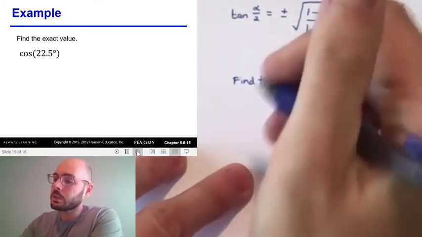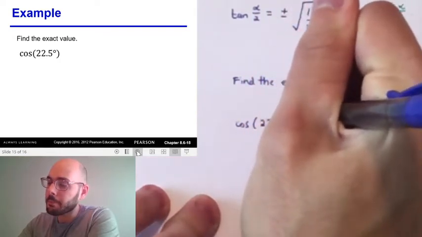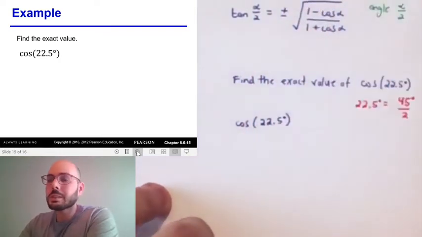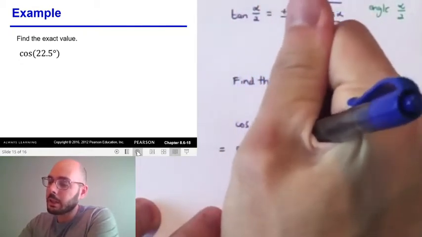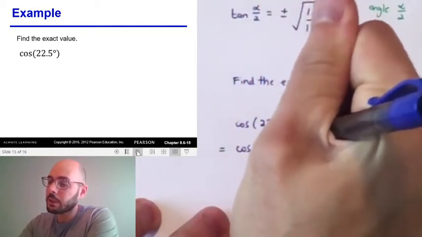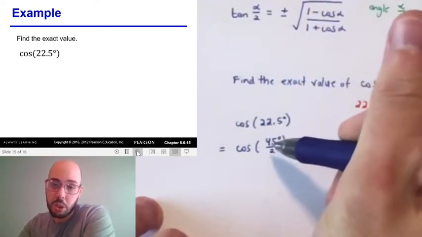So of course I want to use the cosine formula. Let me rewrite this problem again. So cosine of 22.5 degrees is the same as cosine of 45 degrees over 2, right? 22.5 is 45 divided by 2.